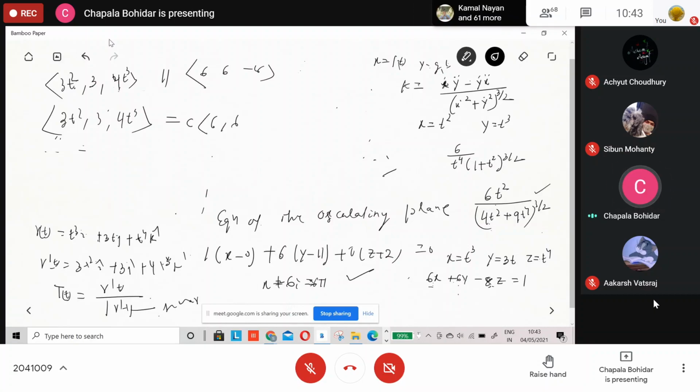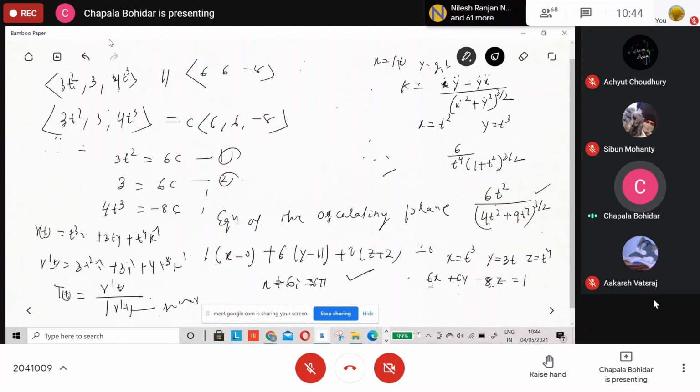c times 6, 6, minus 8. So by comparing both sides, we get 3T square is equal to 6c, equation 1. Then 3 is equal to 6c, equation 2. And then 4T cube is equal to minus 8c.